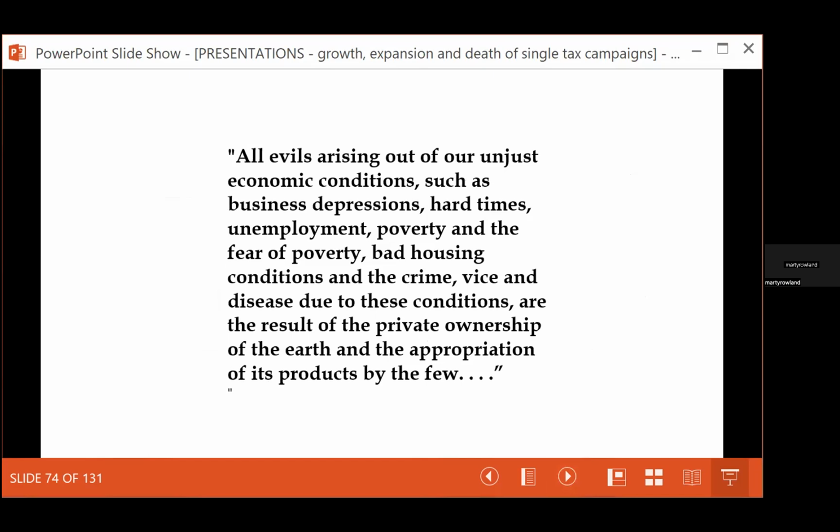All evils arising out of our unjust economic conditions, such as business depressions, hard times, unemployment, poverty, and the fear of poverty, bad housing conditions, and the crime, vice, and disease due to these conditions are the result of the private ownership of the earth and the appropriation of its products by the few. 1924, think about it. How close to those conditions is what we're experiencing today?